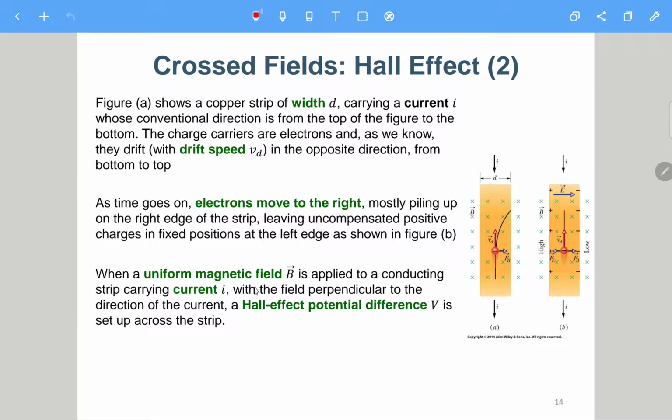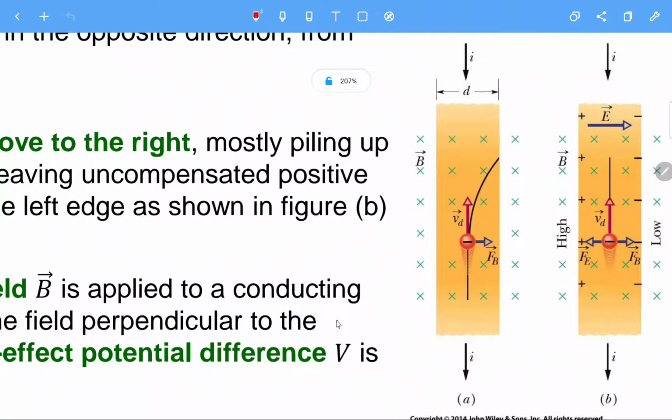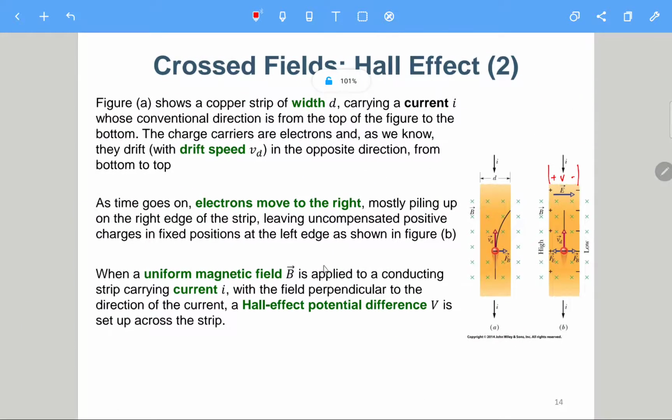So when a uniform magnetic field B is applied to the conducting strip carrying current I, you can actually measure the potential difference between these two points, which is called the Hall effect potential difference, because there is more negative charge on the right side and more positive charge on the left side. So there is a potential difference between the left edge and the right edge.